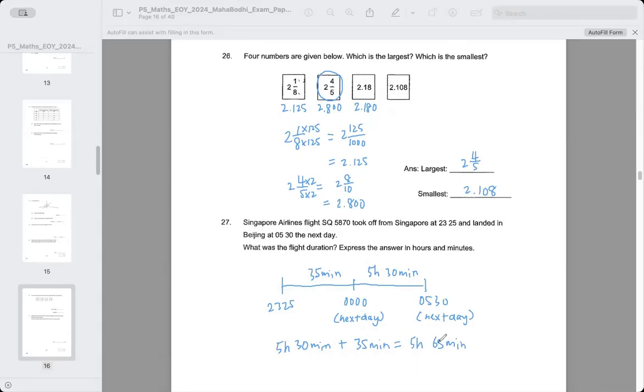But this 65 minutes, obviously, I cannot leave in this form, because 60 minutes is actually 1 hour, so I can take out the 60 minutes to give another hour. So it'll be 6 hours, left with 5 minutes. So my answer for question 27 will be 6 hours 5 minutes.